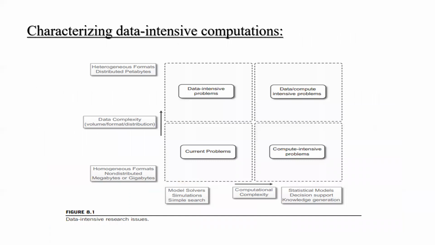Now we characterize the data-intensive computations. Data-intensive applications not only deal with large amounts of data, but also exhibit compute-intensive properties. This figure, the data-intensive research issues, identifies the domain of data-intensive computing in the upper two quadrants of the graph. Data-intensive applications handle data sets on the scale of multiple terabytes and petabytes.